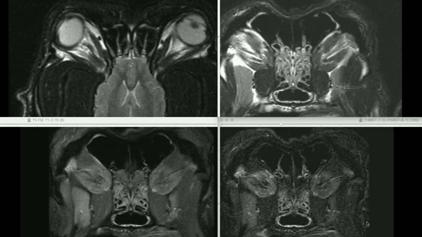So one thing to look for when we have suspect peripheral nerve disease that's efferent to skeletal muscle is that commonly we'll see changes or signs of denervation, which can be quite helpful in confirming or suggesting the presence of peripheral nerve disease. And in this particular case, we see evidence of denervation within some of the extraocular muscles.